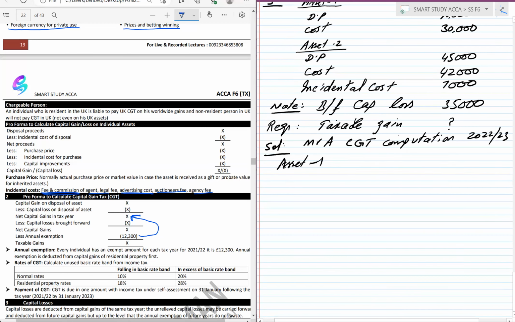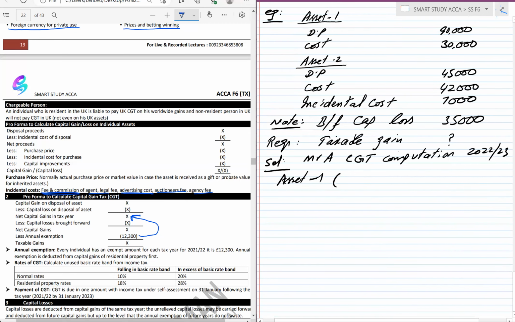We will prepare calculation of gains or loss in the workings. So I'm doing it over here, but we will do it in the workings. So 90 minus 30. On first asset, we have gain of 60,000 pounds.